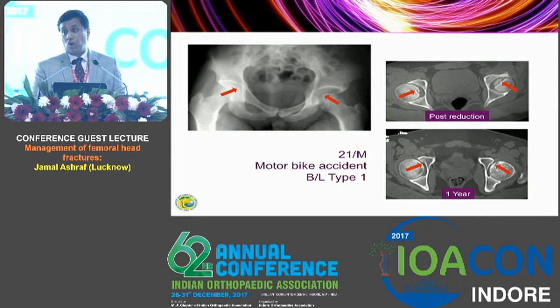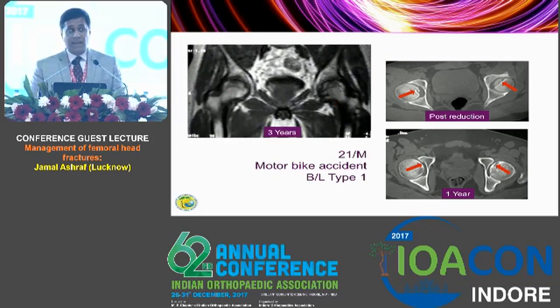A follow-up at 1 year shows that both the fractures have united, and it is assumed that it is a good result. However, the patient presents at 3 years with complaints of bilateral hip pain and restriction of movement, and it is found that there is development of bilateral AVN and consequently a poor result. So these patients have to be followed for a longer period of time.